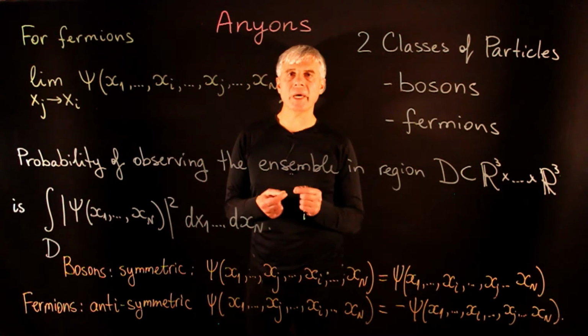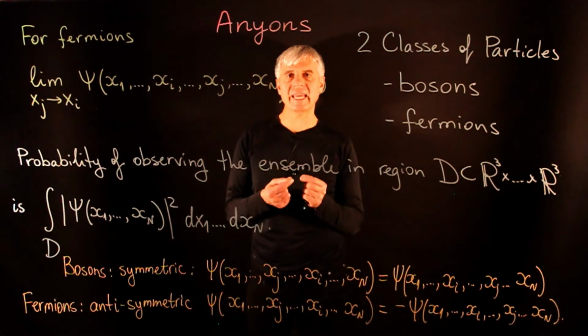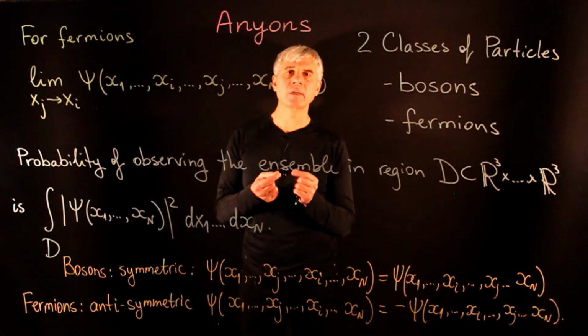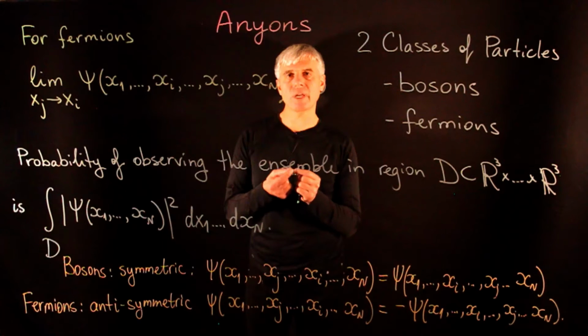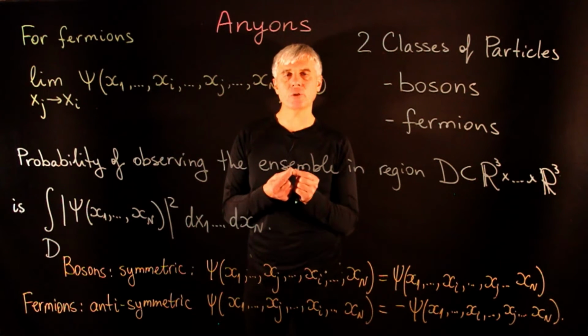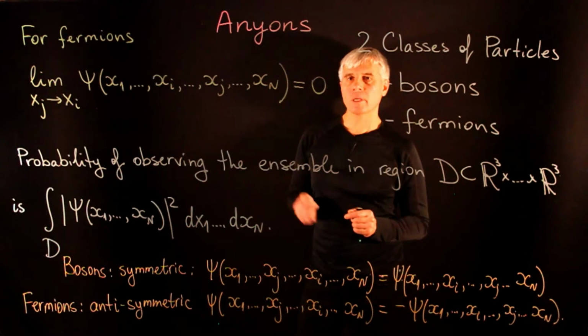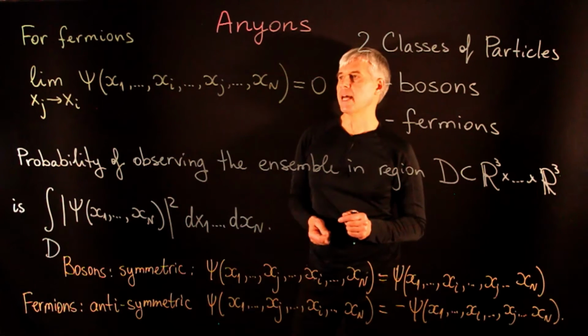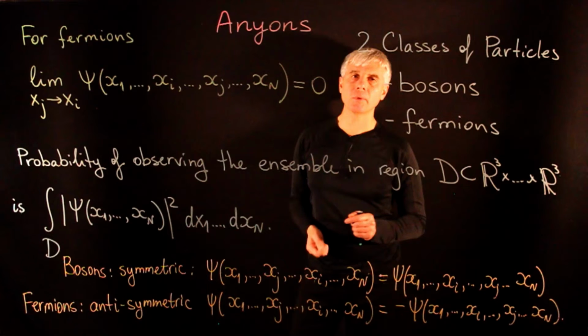This means that if we have two fermions in exactly the same quantum states, then the probability of observing these two fermions very close to each other is negligibly small. Of course, if quantum states of fermions are not the same, then this limit need not be equal to 0.